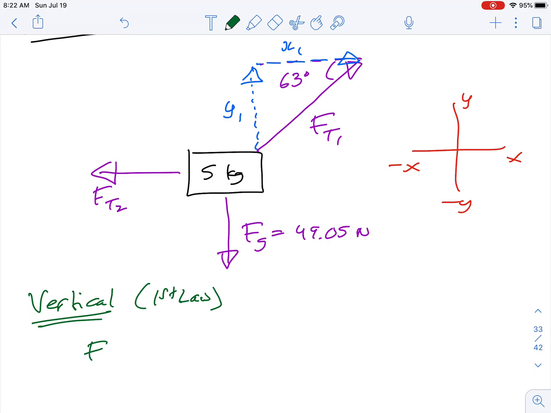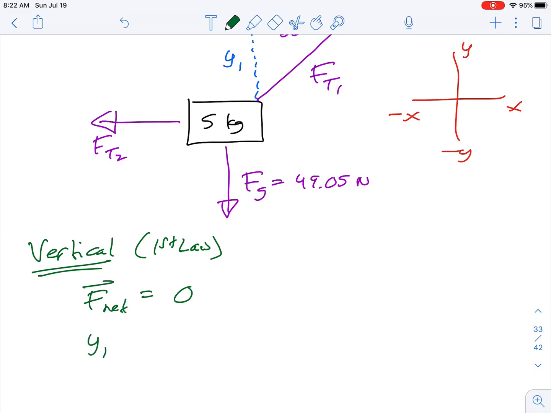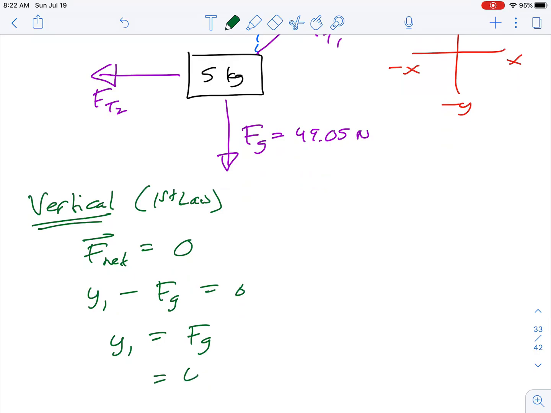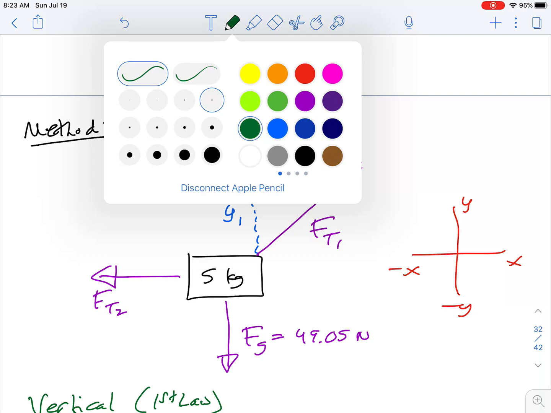That means that the sum of all the forces vertically will be equal to 0, and the vertical forces cancel each other out. So y1 is positive, Fg is negative, equal to 0, or y1 becomes equal to Fg, and that is equal to 49.05 newtons.